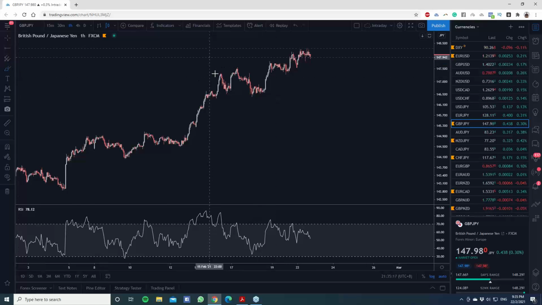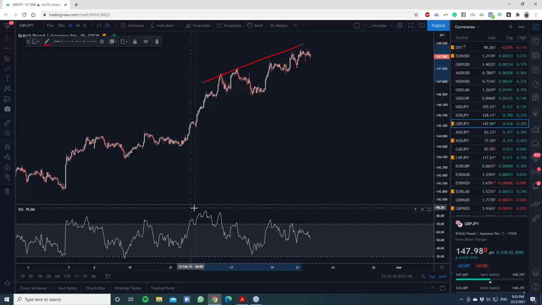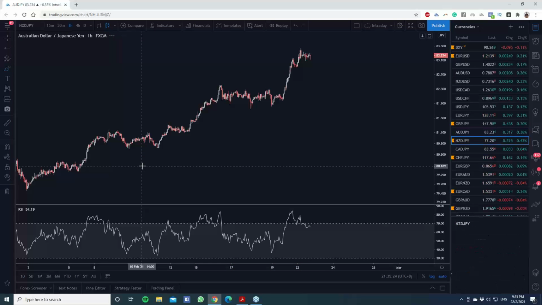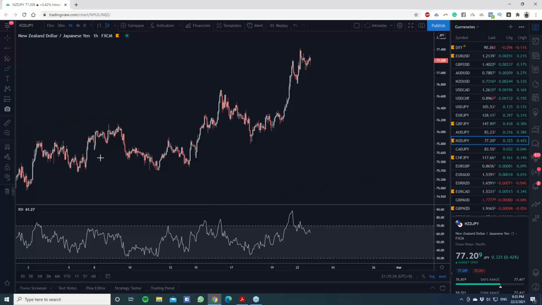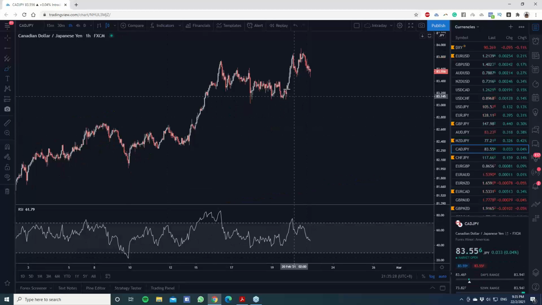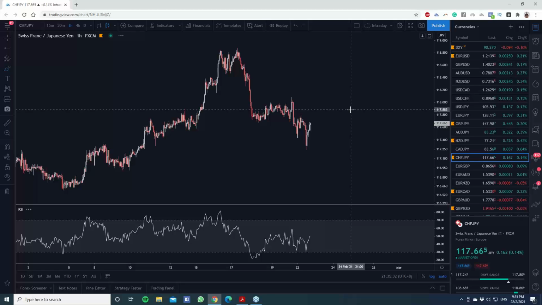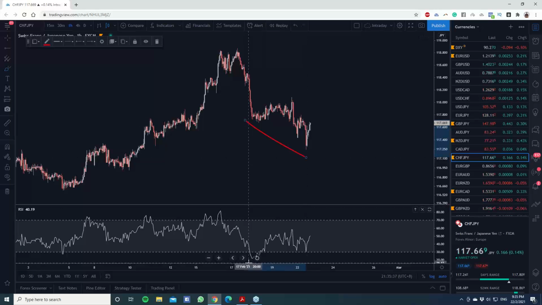Again, all these are regular divergence, what you see over here. Very obvious, that's the easiest to spot. Regular divergence is always easier to spot. This one here again, you can see, it's a regular divergence. Over here again, this is a regular divergence. You can see that, right?